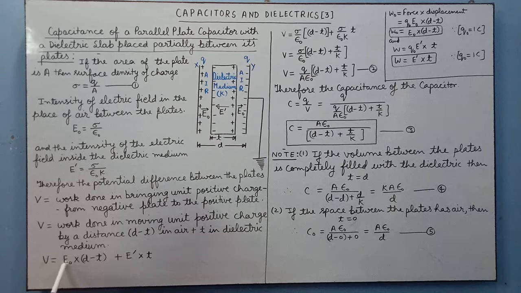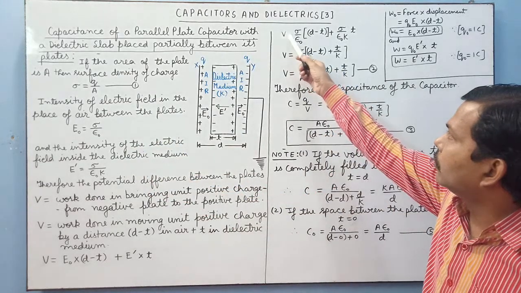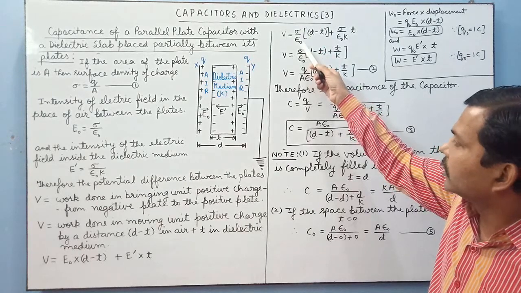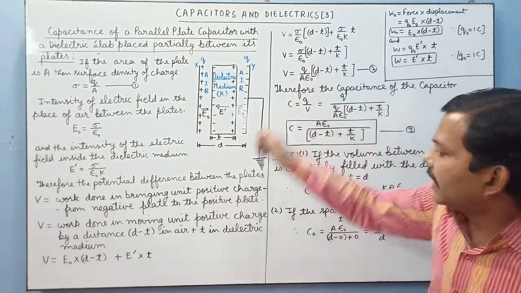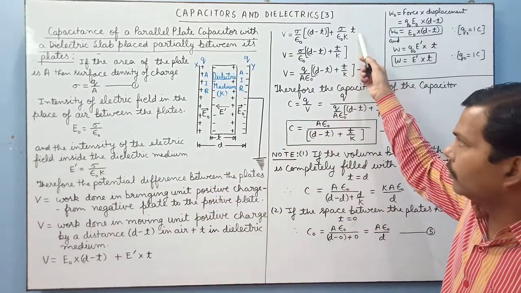So we will substitute the values of E0 and E dash from these equations. Here we get V is equal to sigma by epsilon 0 into d minus t, plus E dash, which is sigma by epsilon 0 K into t.